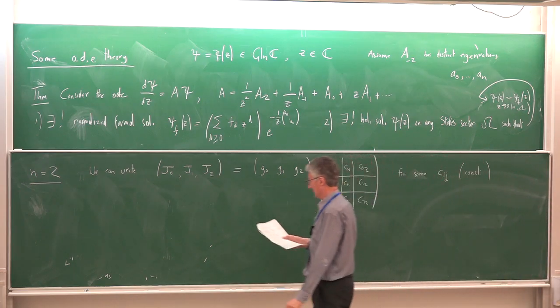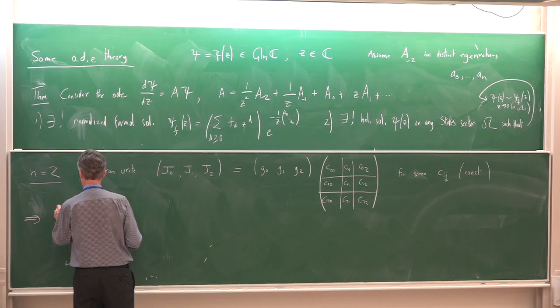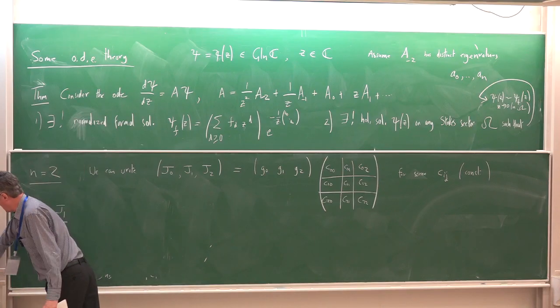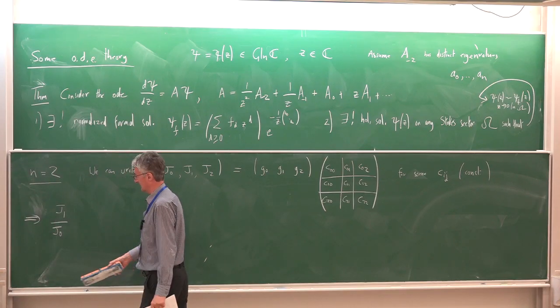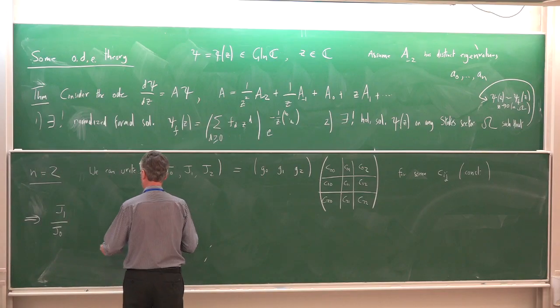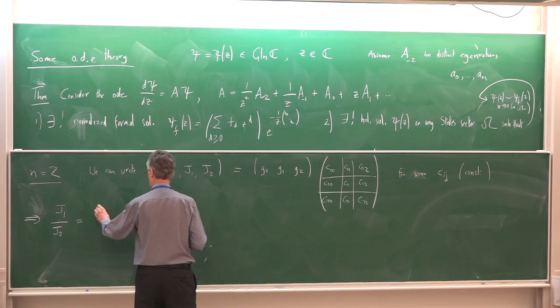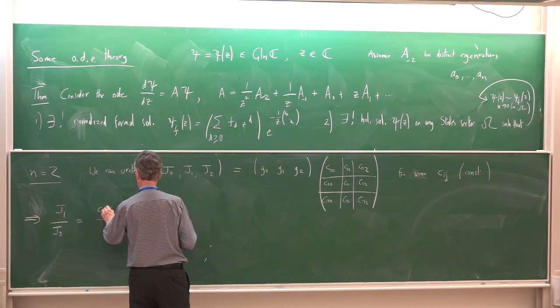So now what happens when we look at the quotient of two such things? So let's take, for example, J1 divided by J0. Well, J0 divided by J0 is not interesting, but the first one is J1. So this will be, yes, well, it will be C01.